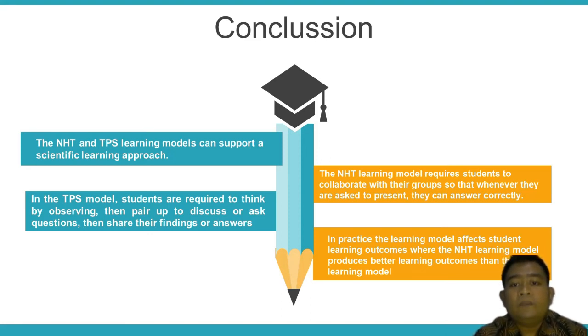The application of the number head together and think pair share model requires students to be active, but the research shows that student activeness does not influence learning outcome, so that there is no interaction between the learning model and learning activeness.